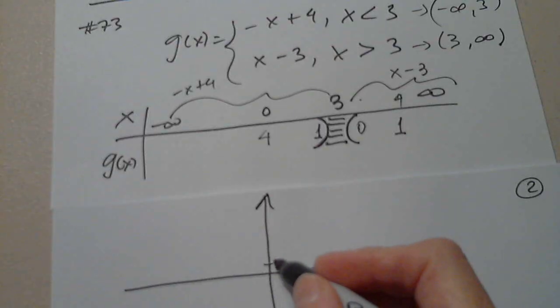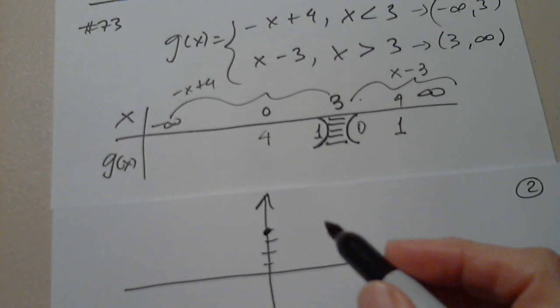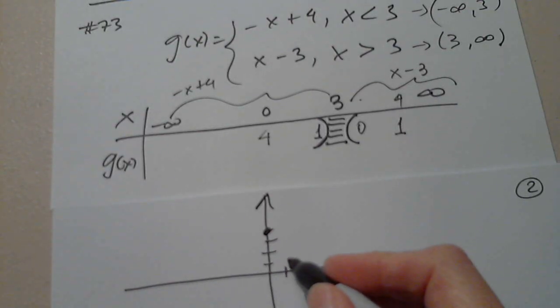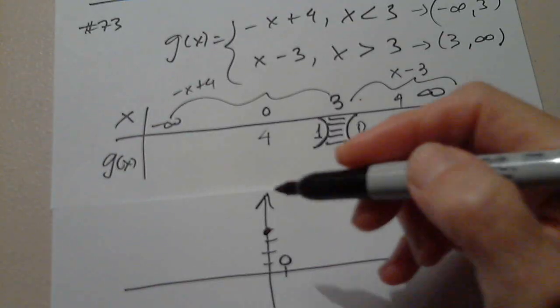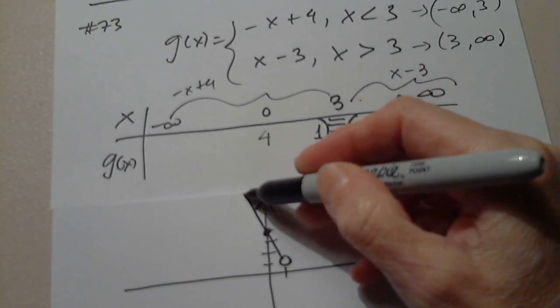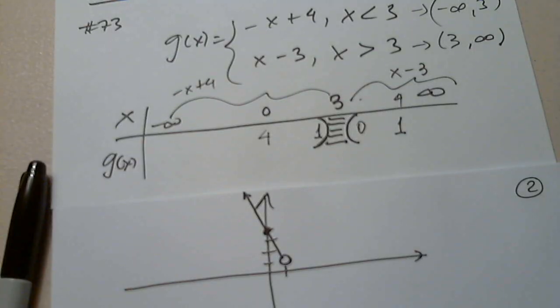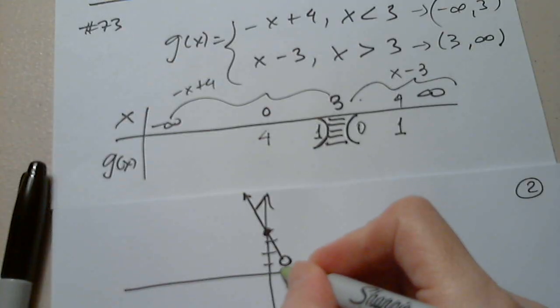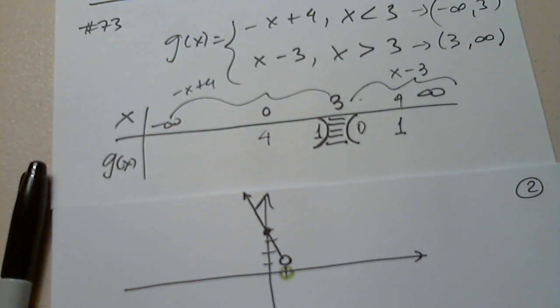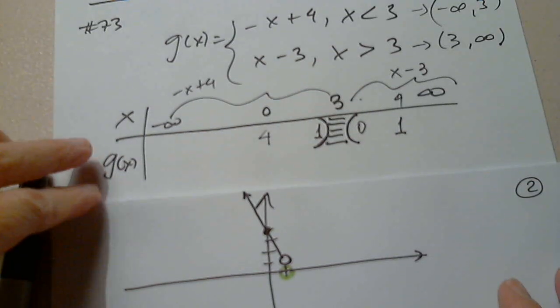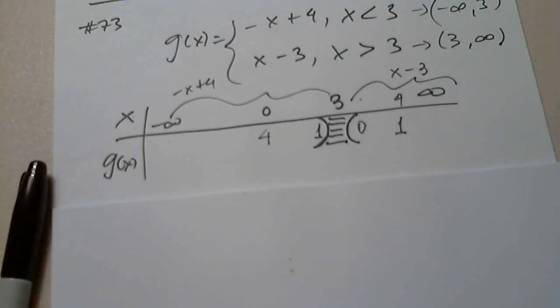So 0, 4, 3, 1, and this is the first piece. I normally put the marker down and use a different one, a different color, just to make sure. So this is 3, sorry, it happens at 3, not at 1.